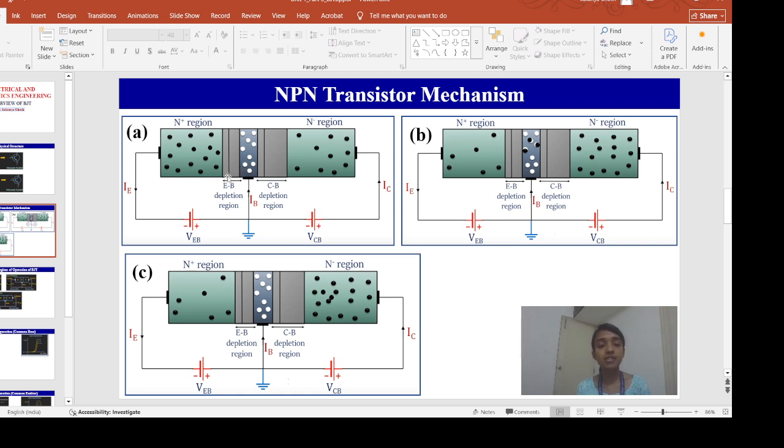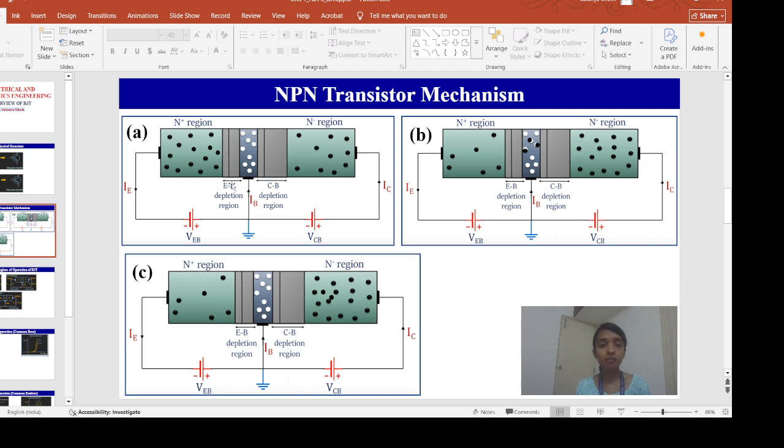From the PN junction diode mechanism, we have seen that when the PN junction diode works in forward bias, the barrier potential in the depletion region reduces, and it finally reduces the depletion region width.